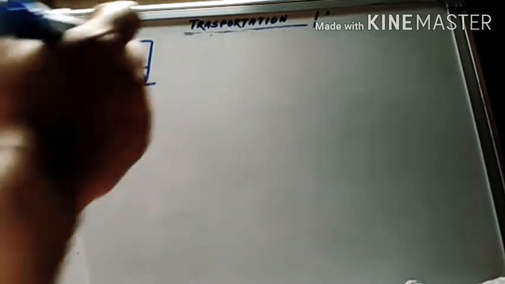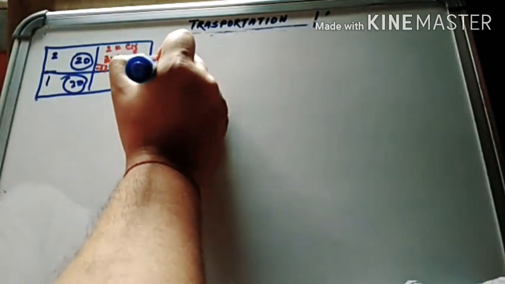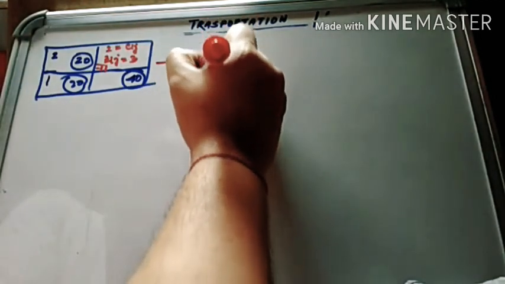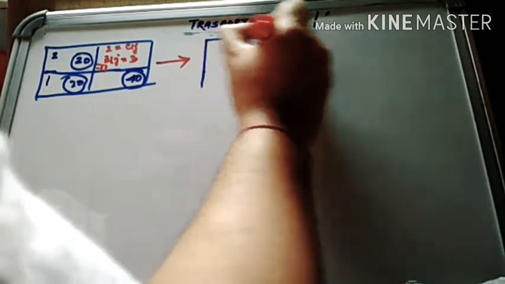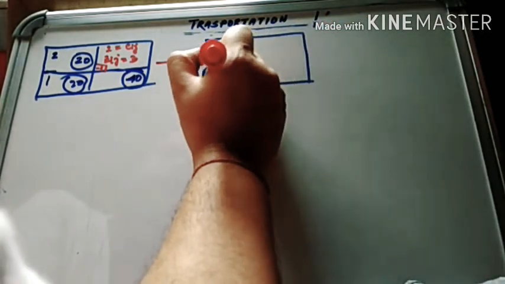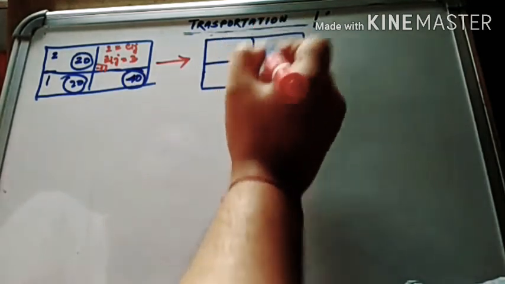Okay, no problem. Now if we have to construct the new optimal table, we have to make a loop. How to make a loop? Let us draw the table first.